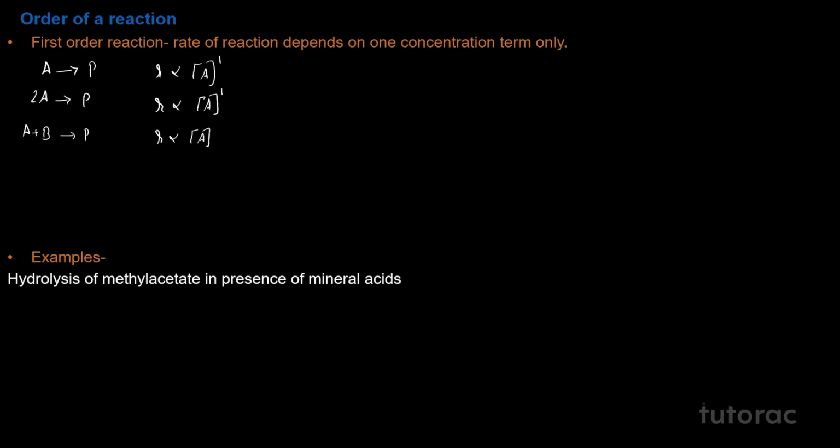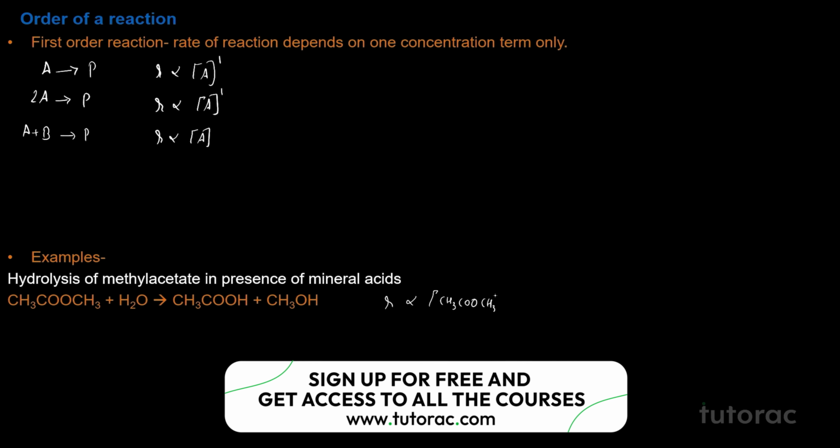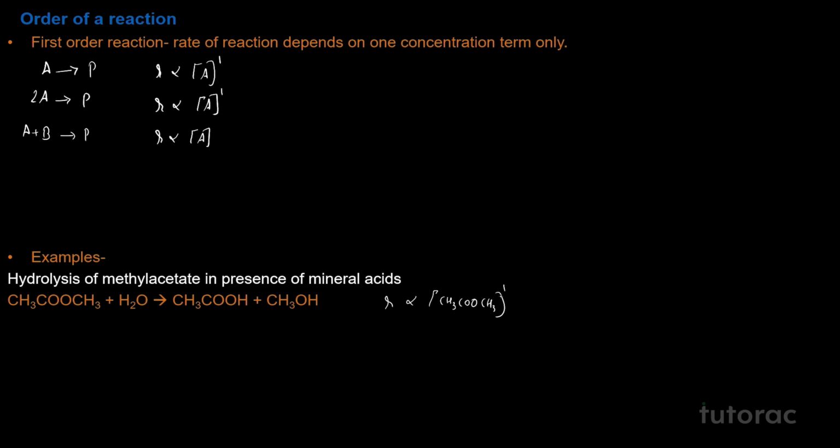Let's see some examples of first order reactions. We have the hydrolysis of methyl acetate, that is CH3COOCH3. In this reaction, the rate of reaction will depend only on the concentration of CH3COOCH3, that is methyl acetate, to the power 1.